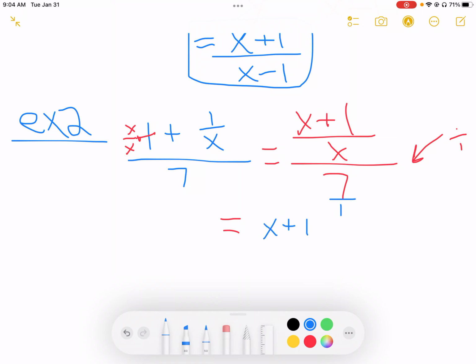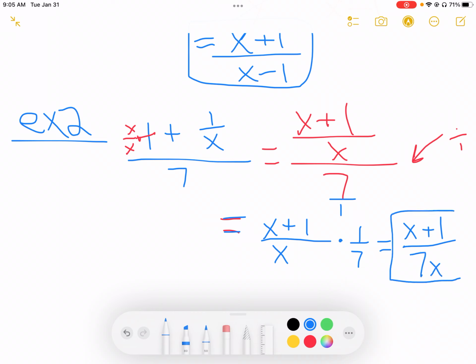So this is my equals here, in the blue: x plus 1 over x multiplied by 1 over 7. I could have actually just jumped to the end of the answer and said it's x plus 1 divided by 7x. Okay, that's my answer there.